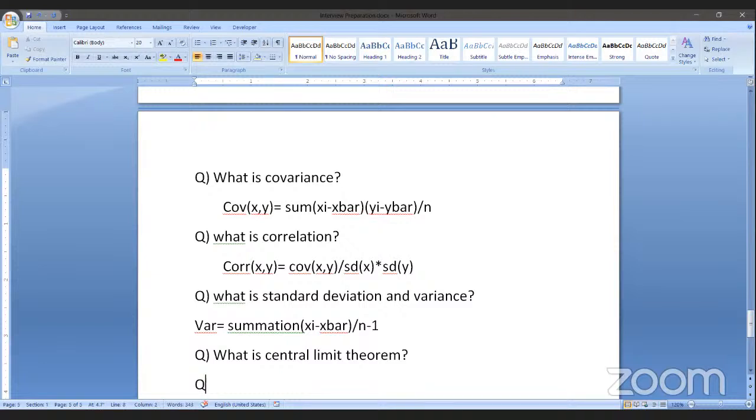Okay, so let's go to the next one. What is hypothesis testing?